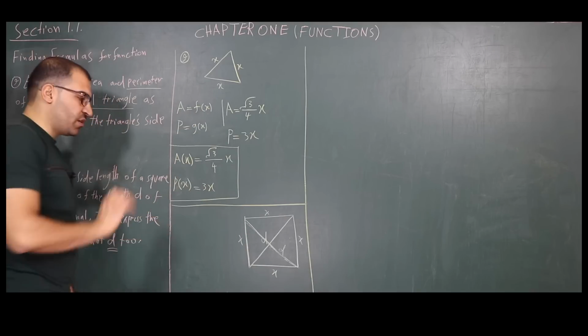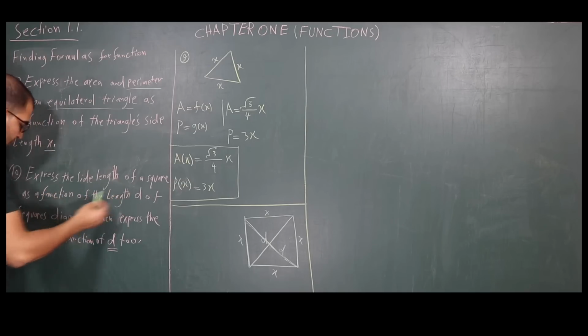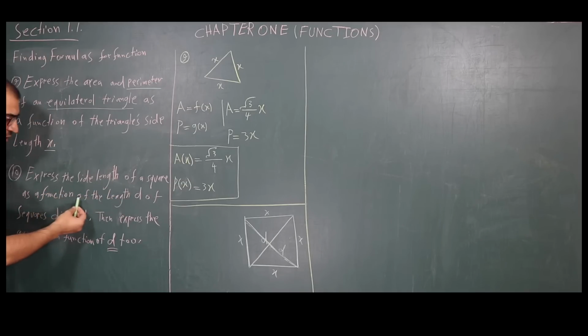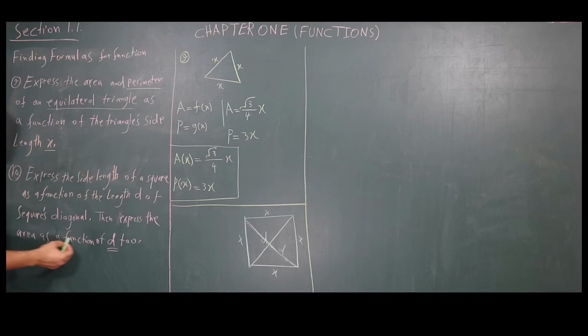So it's d, doesn't matter. He asks us to express the side length of a square as a function of the length d of the square's diagonal, and then express the area as a function of d.